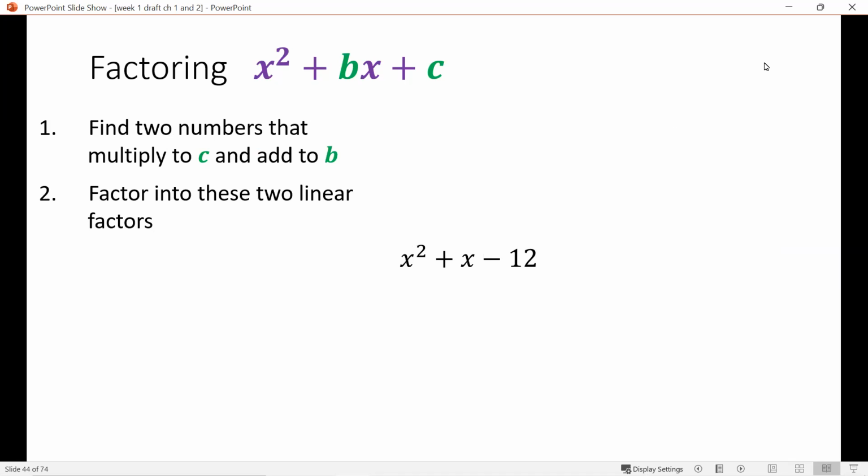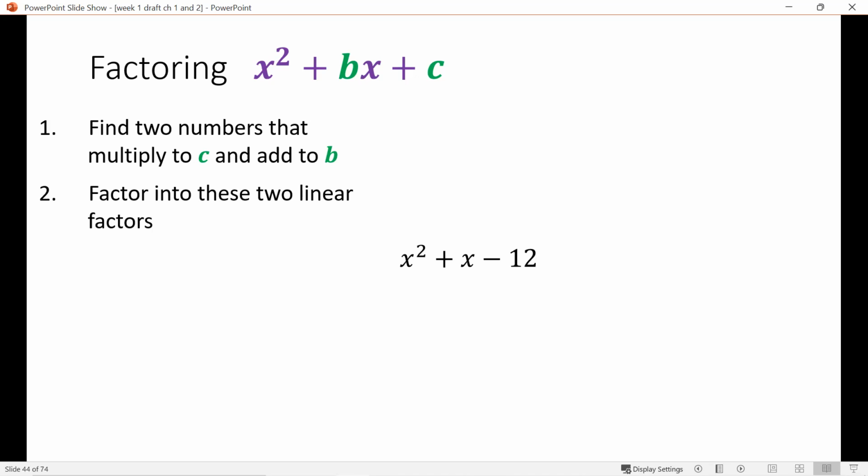So now let's talk about some of those techniques for factoring trinomials, specifically a quadratic trinomial, which is where we have a 2nd degree polynomial. So we have a squared term, a linear term, and a constant term. Okay. In this case, to factor these, we notice that our leading coefficient is 1, right?